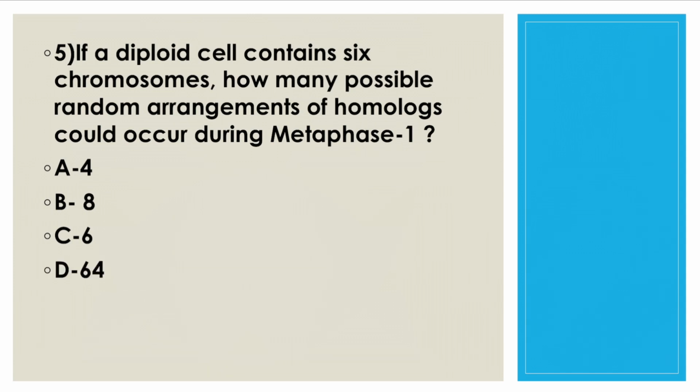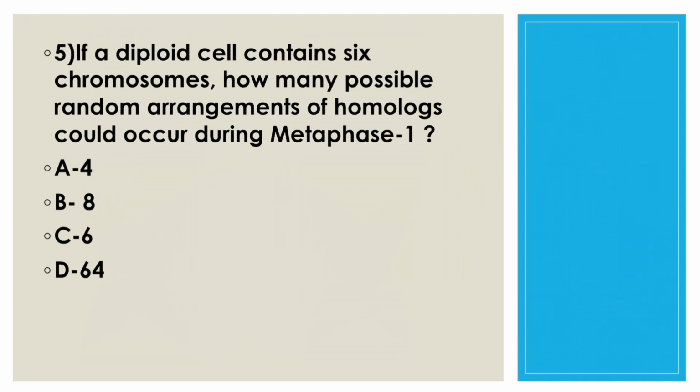It will increase the variability in gametes. That's why no two human beings are the same on earth. There are 6 billion people on earth, but no two individuals are like one another except twins, because of meiosis.